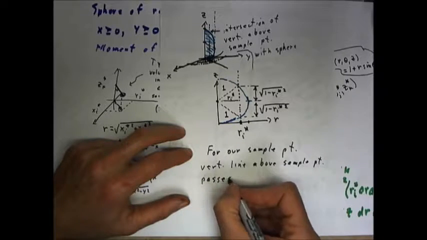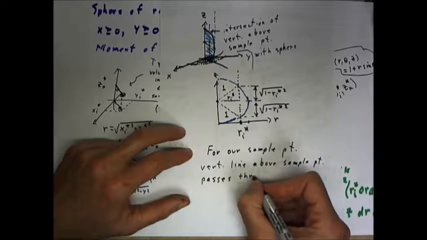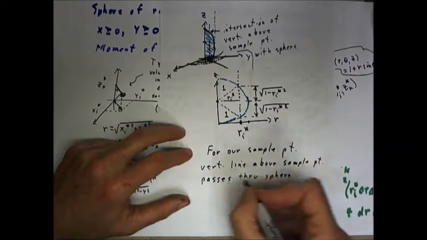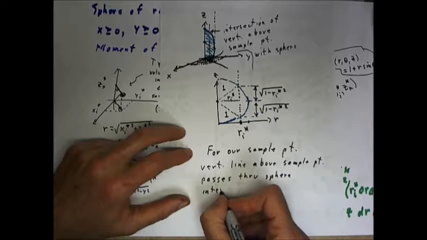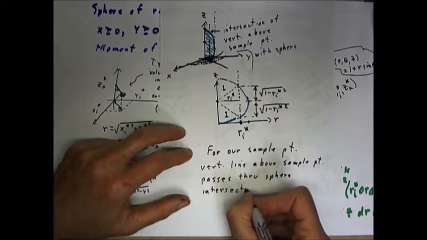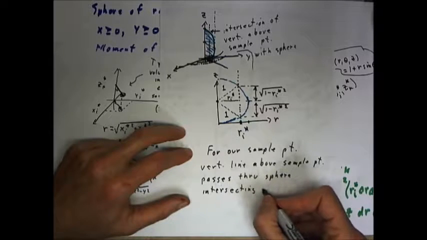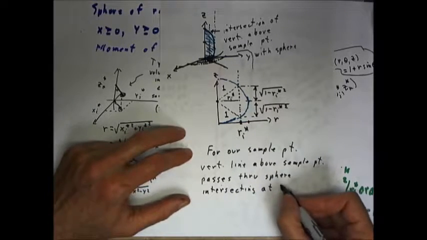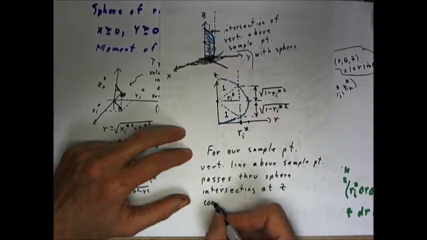It should say it passes through the sphere, intersecting at z coordinates.